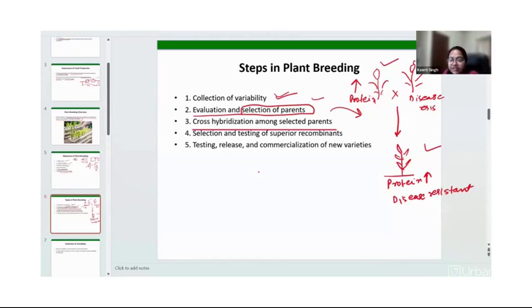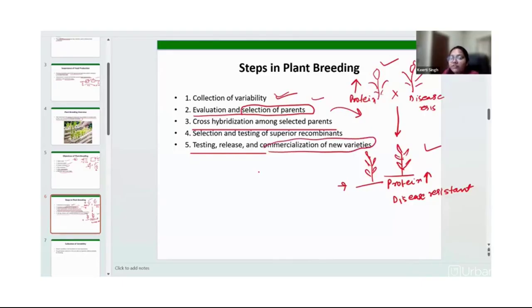right? And after this, number of plants will be formed. So we will select our desired plant. After that, various testing will be done to the selected plants, and there will be commercialization of the new varieties.